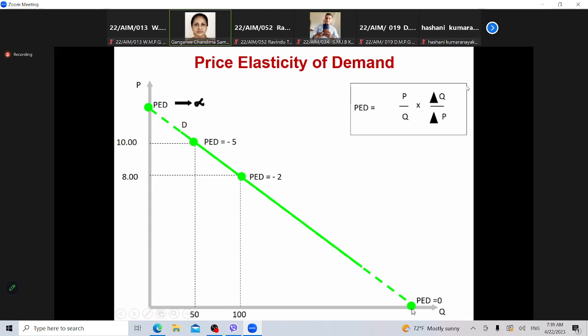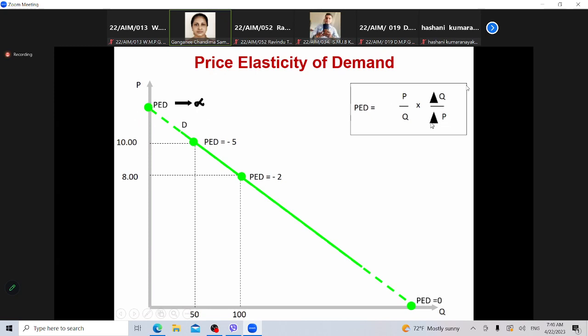Then you can divide these two and get an idea of how price elasticity of demand changes. Here P becomes 0, here Q becomes 0. No delta, delta Q is 0. That means here it is 0. Then all becomes 0 if this point is 0.